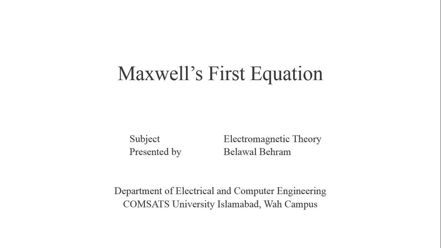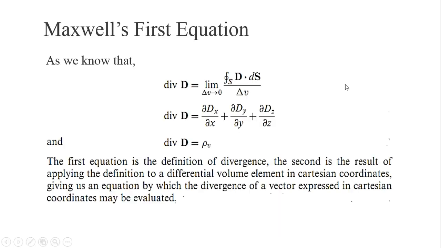Today we will discuss Maxwell's first equation. As we know, the divergence of an electric flux density is defined as the closed surface integral of the electric flux density per unit volume as the volume shrinks to zero.